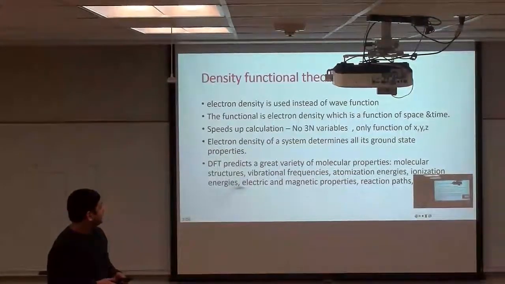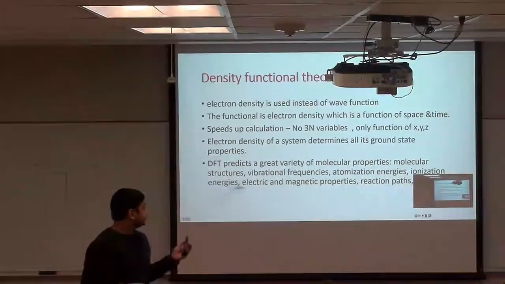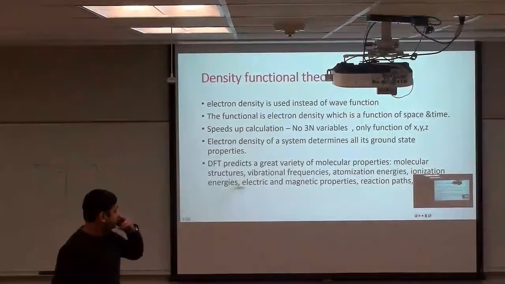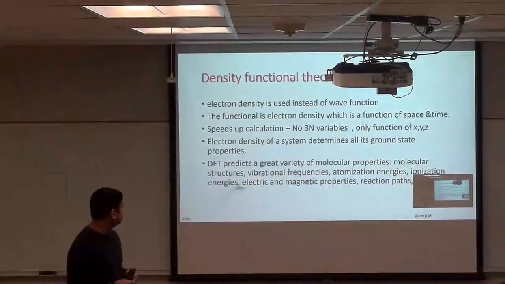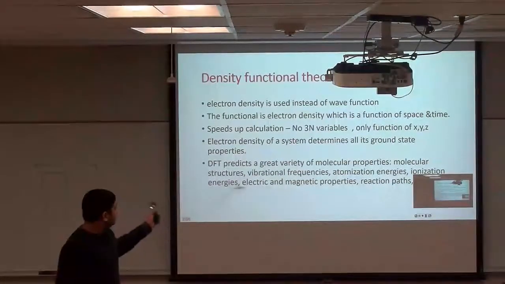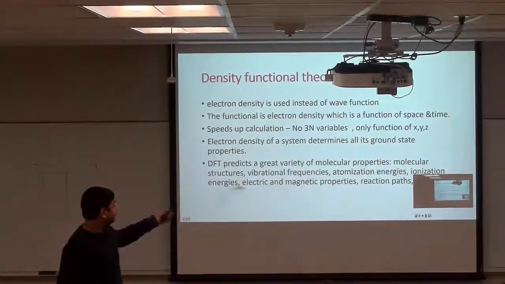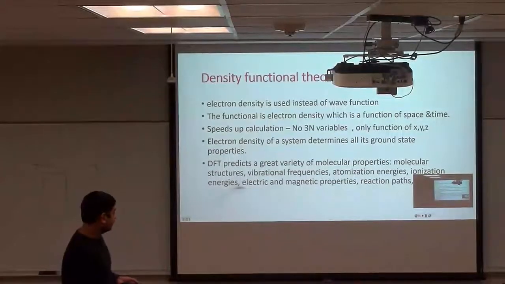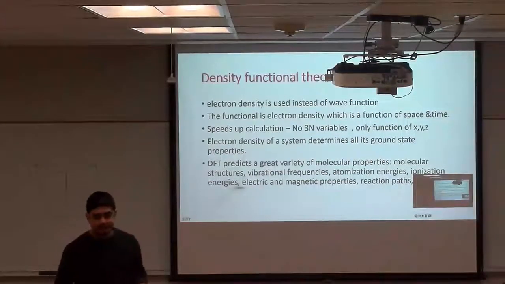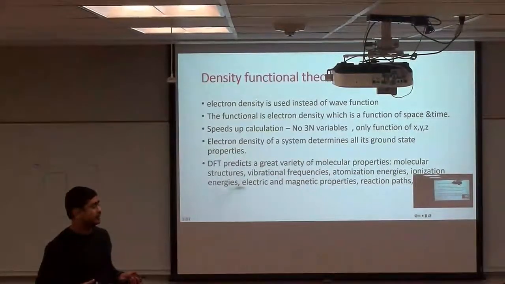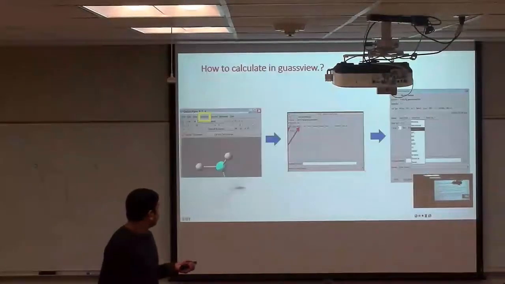And here electron density again is a function of space and time, and it's a very fast calculation because only the three Cartesian coordinates are being included. The beauty of this DFT is that it can predict a spectrum of properties, including the molecular structures, vibrational frequencies, ionization energy, etc., which I think we're going to have a very detailed discussion on in the coming classes.